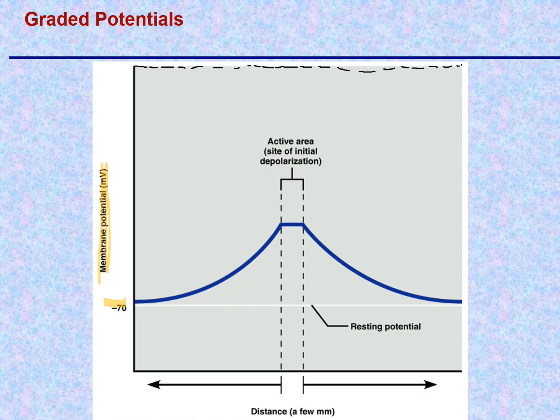Now along the horizontal axis, we're not looking at time, but distance from the site where it was stimulated. And it's showing that the size of the depolarizing effect on the resting membrane potential, this going toward more positive, fades away as you move further away from that initial active area of the depolarizing effect.